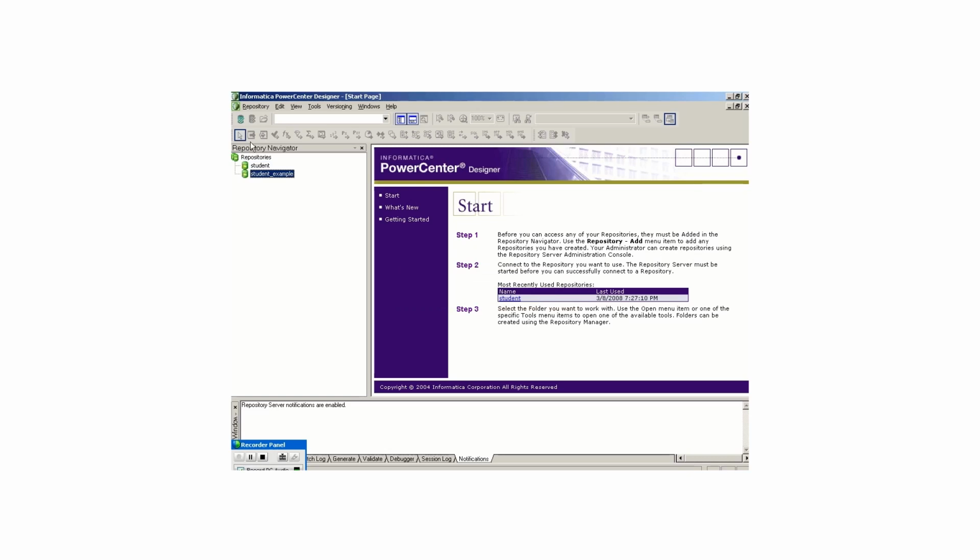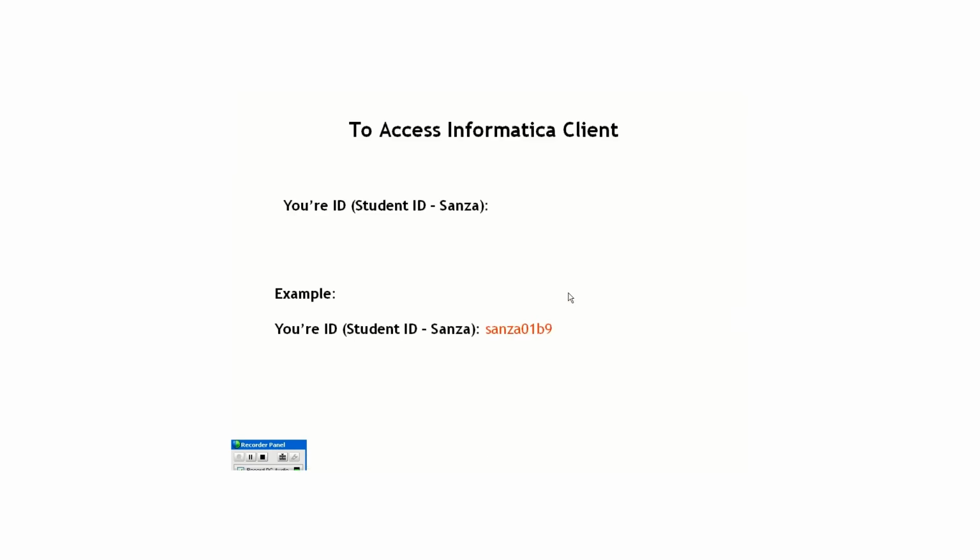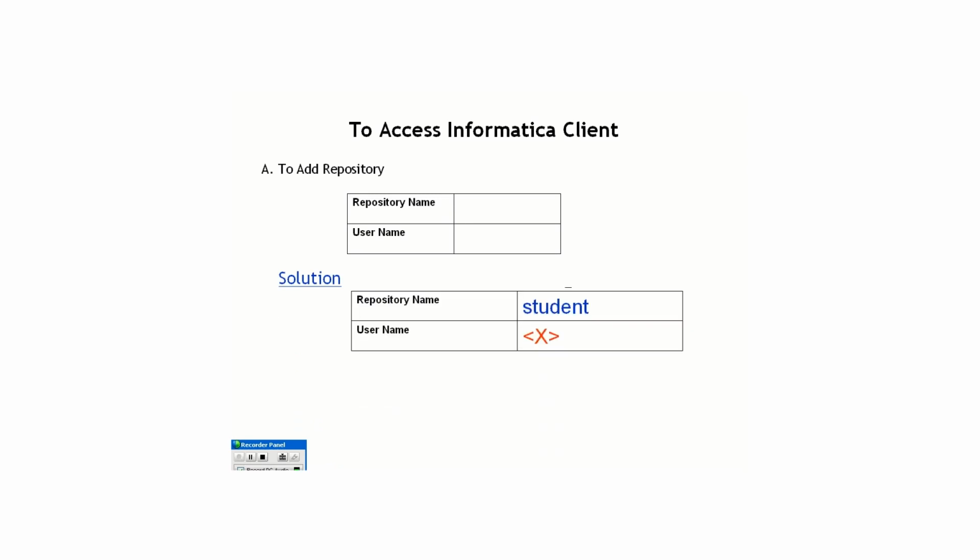Once again I tell you, you need to add the repository first time. From the designer tool, you say add, give a name, that is, in your case it is student, and username administrator. For me it is administrator, for you it is your ID which we have provided you, that is Sanza01B9 or whatever ID we have provided.